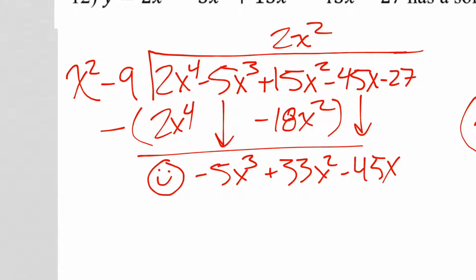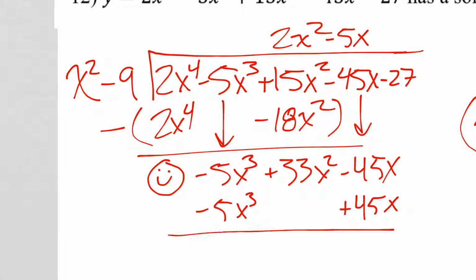And then we play the game again. We say x squared times what is negative 5x cubed? Well, we know that it's negative 5x, and we say negative 5x times x squared is negative 5x cubed, and we say negative 5x times negative 9 is a positive 45x. And we draw our subtraction line, and we put an arrow indicating that that 33x squared is going to go along for the ride, and we put our parentheses to remember that we are subtracting the whole thing.